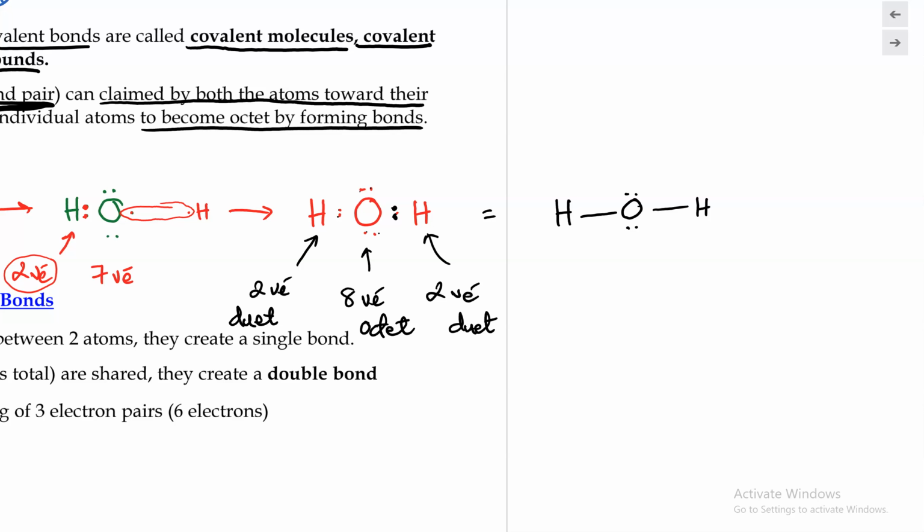So a line represents 2 electrons that are shared between 2 atoms to form a bond. So this pair of electrons can now be redrawn as this bond line, and this pair can be redrawn as this bond right here. So that's what this line or bond signifies, the electrons that are shared between the 2 atoms.